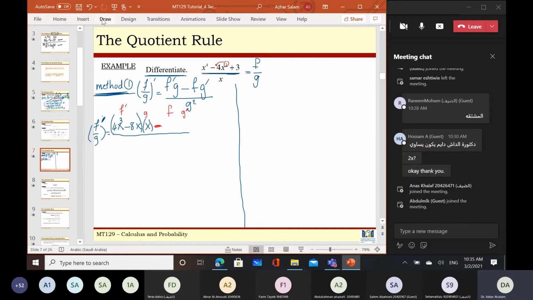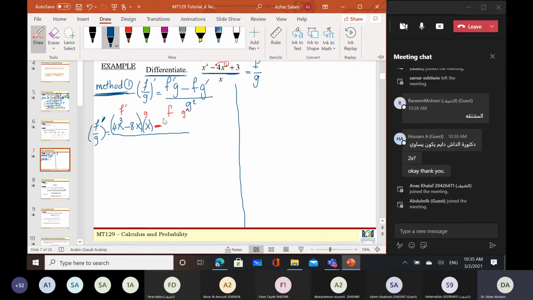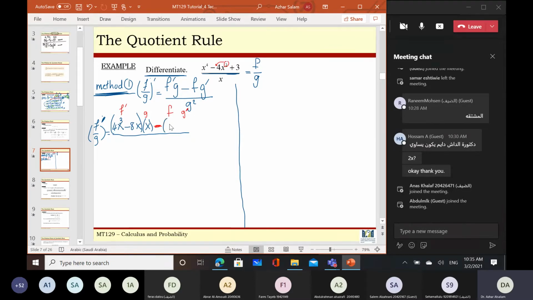So here I will write first the same function f, the same numerator function, x to the power 4 minus 4x square plus 3. Okay, then close. Multiplied by g dash.